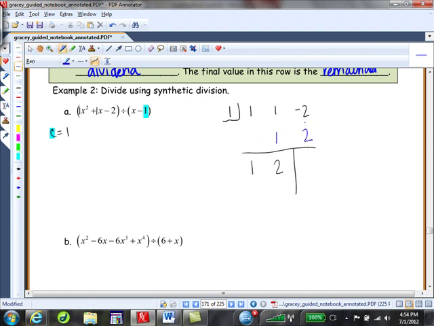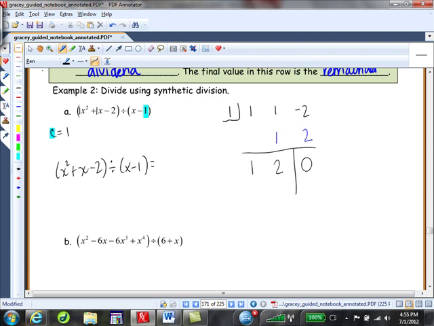2 times 1 is 2. Negative 2 plus 2 is 0. So there's a 0 remainder. So what we found out is that x squared plus x minus 2 divided by x minus 1 equals, right?